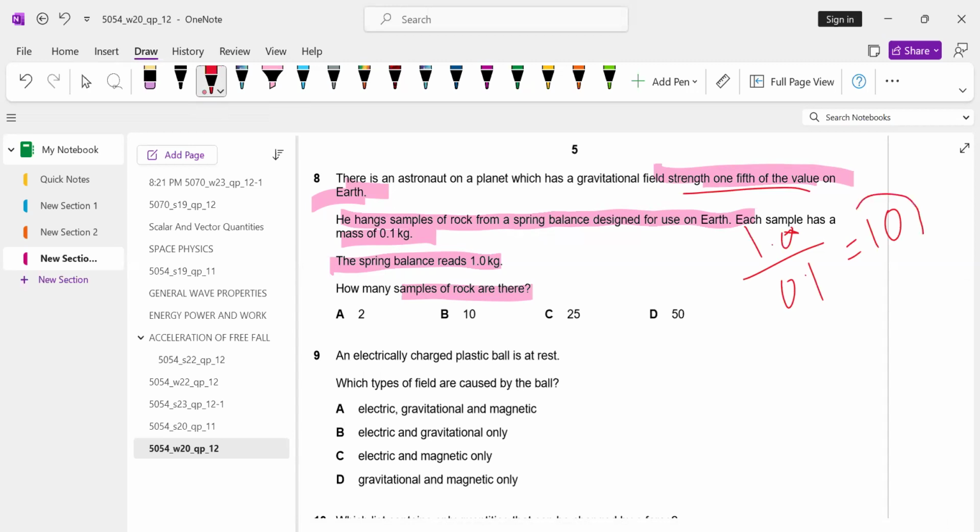So to get these 10 pieces on that planet, you have to multiply by 5, as it is given that it is 1/5. So 10 times 5 is 50. So this 50 is the value on that planet, whereas the samples are 10 on the Earth. So option D is correct for question 8.